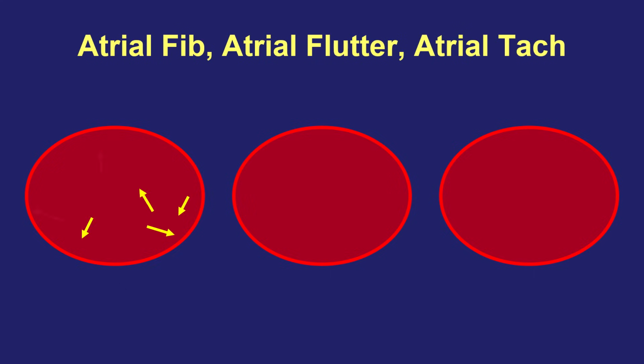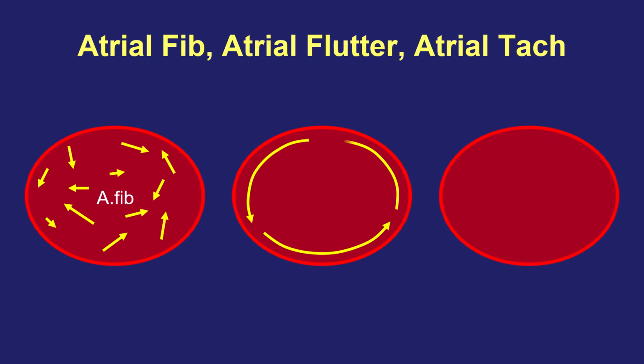We talked about how atrial fibrillation is this irregular chaos, this shivery, irregular seizure-like pattern that you're now familiar with. Atrial flutter is a simpler rhythm, which is a large short circuit that can go round and round and round the top left chamber of the heart, or the top right chamber of the heart, the right atrium, which is actually more common. And sometimes people who have atrial fibrillation will sometimes also have atrial flutter.